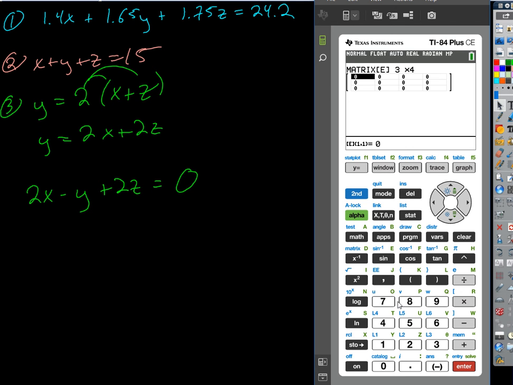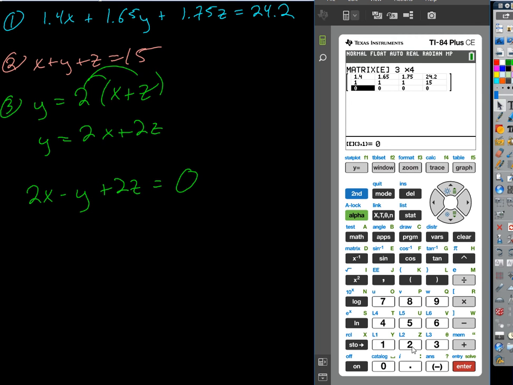And what are the numbers I'm going to type in? 1.4, enter. 1.65, enter. 1.75, enter. 24.2, enter. So there's my first equation, and then 1, 1, 1, 15.